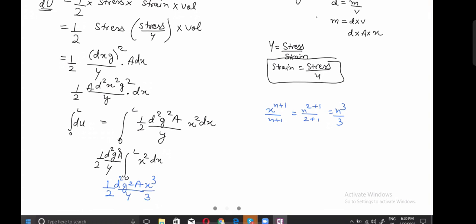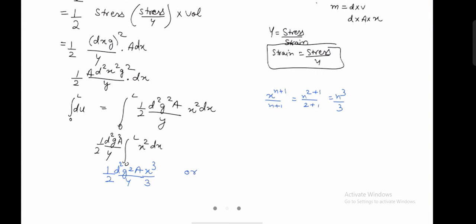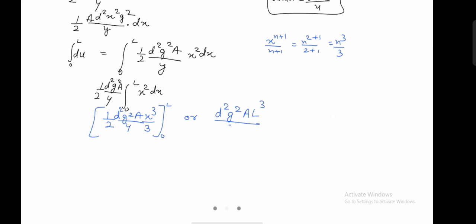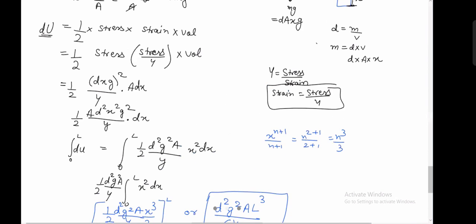Or you could also write the same as, this is going to be 6, so d squared g squared a, and now you have to put the limit also. I'm sorry, I just forgot to put the limits. When you put the limits, then it will be L cubed upon 6Y, and this will be the value for the elastic potential energy of this whole length of the material. This is how we solve it.